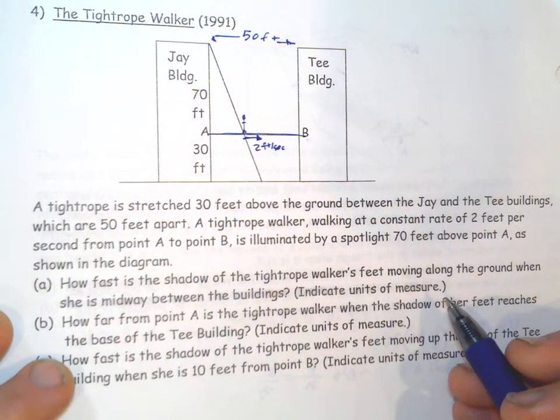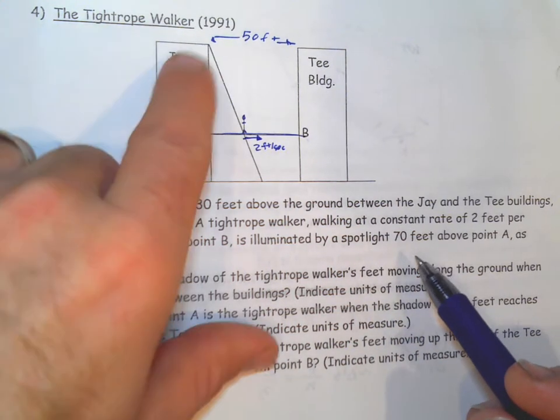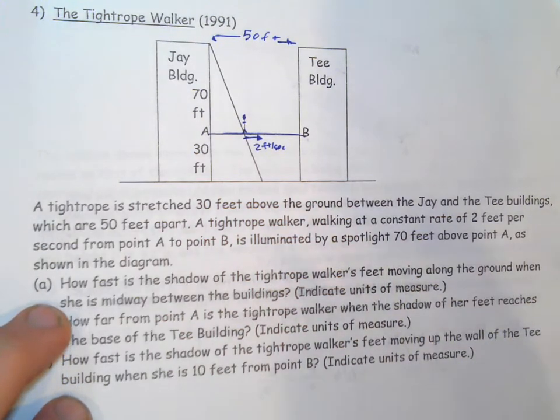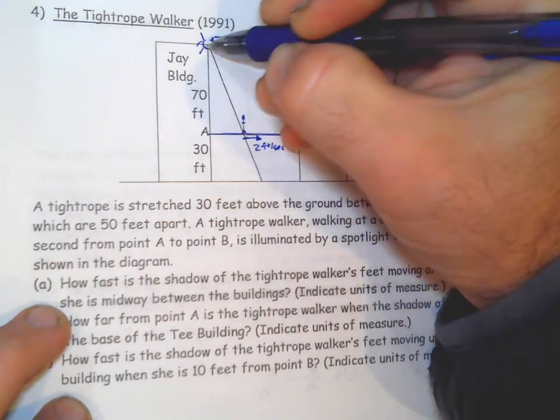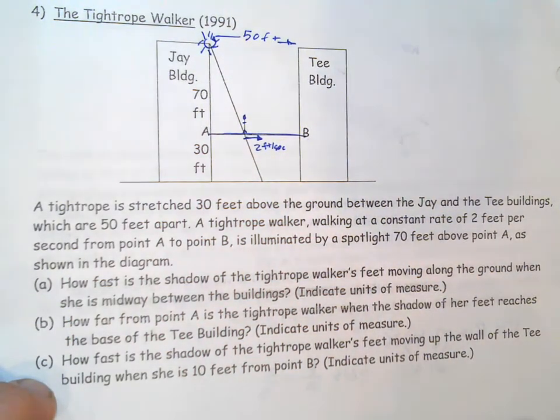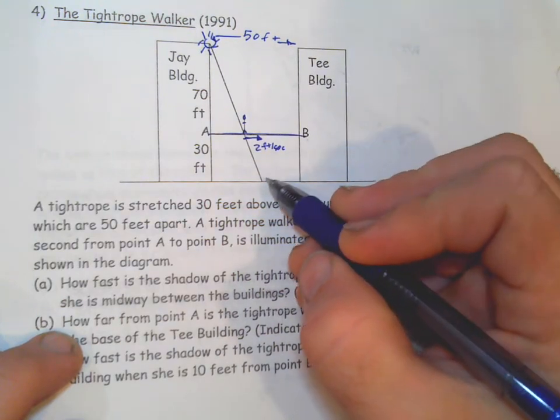And it says the tightrope walker is illuminated with a spotlight 70 feet above point A, as shown in the diagram. So there's a light up here. So this is one of those shadow problems that you guys should love. How fast is the shadow of the tightrope walker's feet moving on the ground when she's midway between buildings? Is it moving at 2 feet per second also?